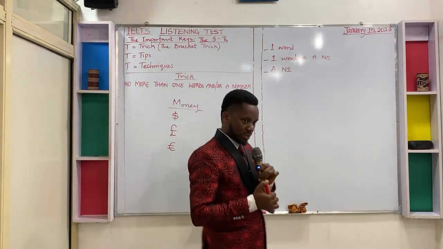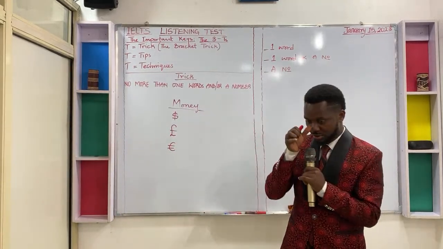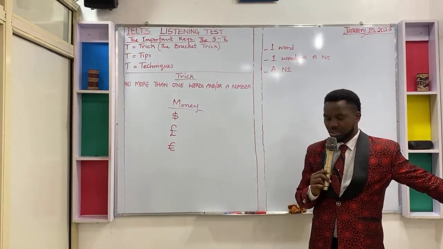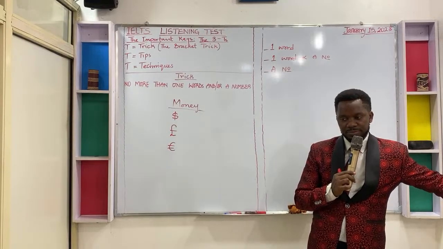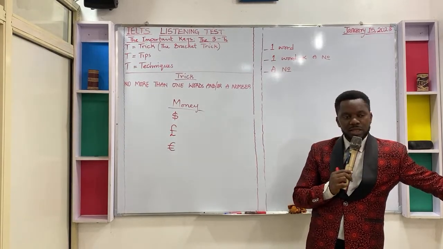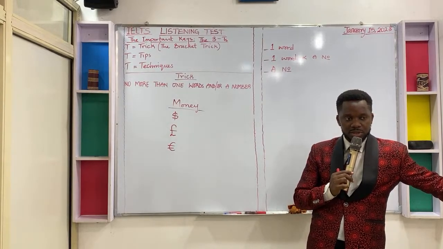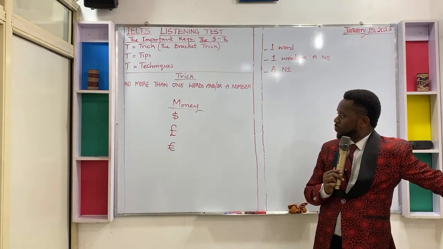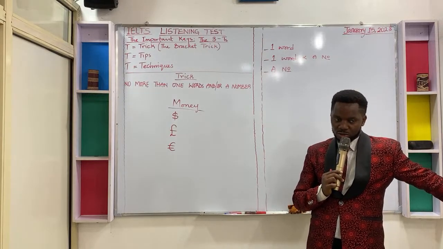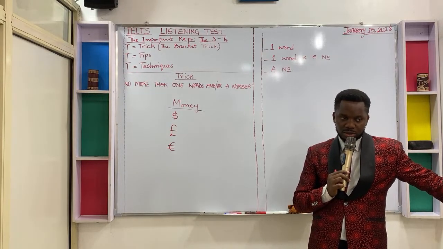The first symbol is called what? Dollar. The second symbol, pounds or pound. The third symbol, euro.